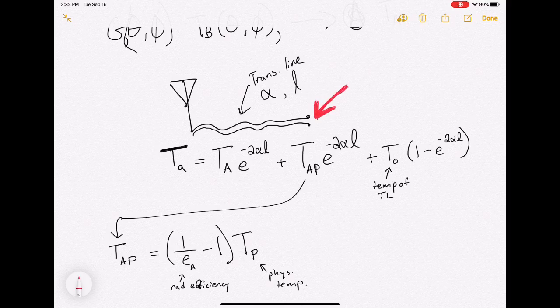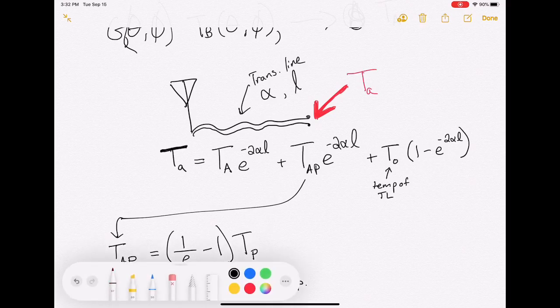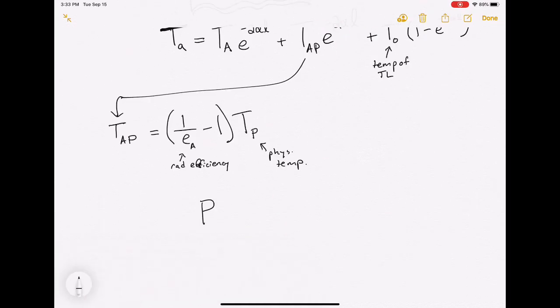Are we done? No, we are not done, because the receiver itself also has a temperature. So the total noise power in this system is K times T(a), that's the noise temperature of the antenna as seen from the receiver terminals, so looking into the transmission line, plus the noise temperature of the receiver itself, times the bandwidth.